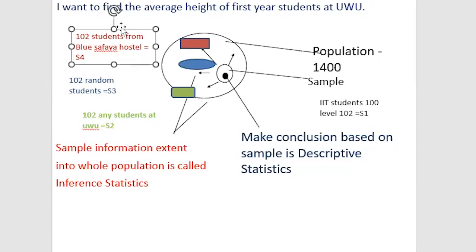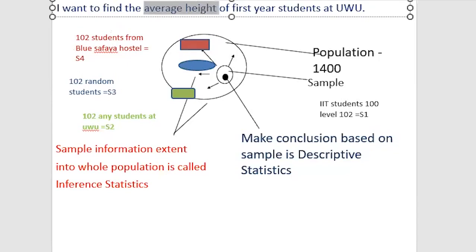In that case, what happened? There is some bias. We are unable to find the actual figure. But I am not interested in girls or boys. I am saying just the first year students. That contains not only girls, it needs to contain all the boys as well. So we require boys' representation.